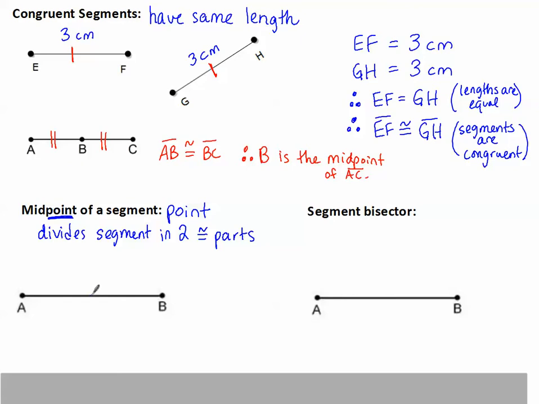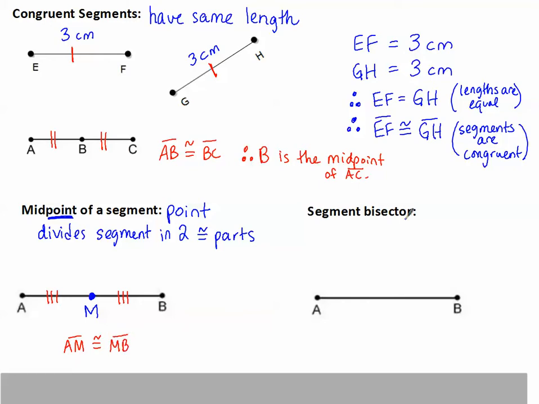So if I'm going to show the midpoint in this picture, I'm going to find where the middle is, put capital M to show that that's the midpoint, and then put hash marks to show that segment AM is congruent to segment MB. Remember how we show that: segment AM is congruent to segment MB.